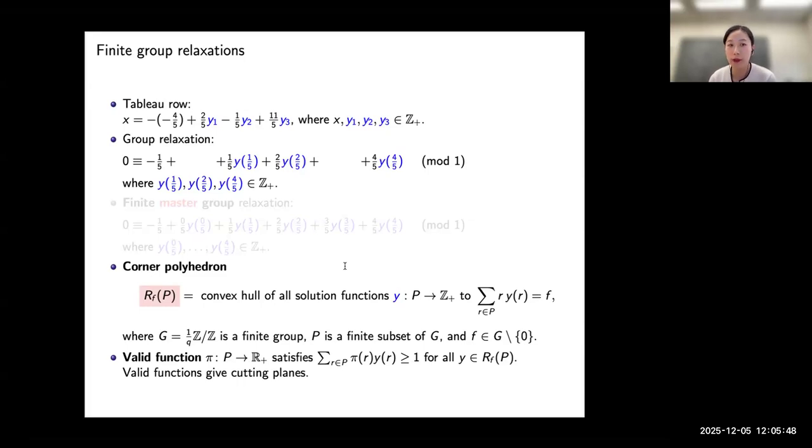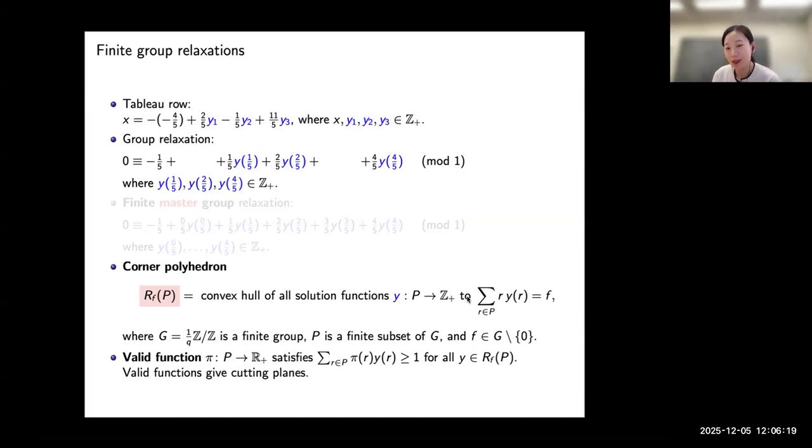In our example here, f is minus 1/5, and P is the finite group containing 1/5, 2/5, and 4/5. We consider valid inequalities like pi, so that the sum of pi(r) y_r, summing over r, is greater or equal to 1.